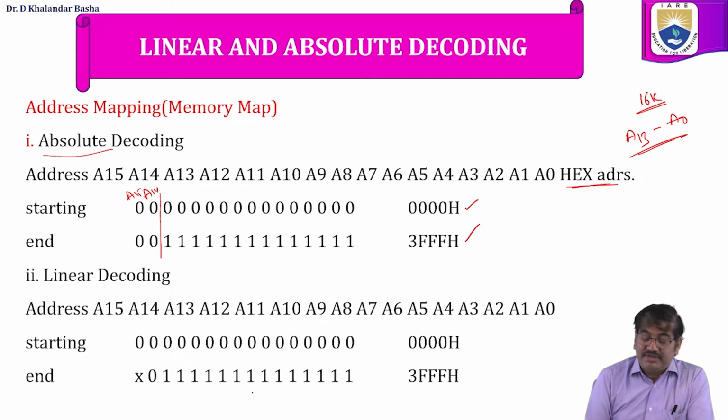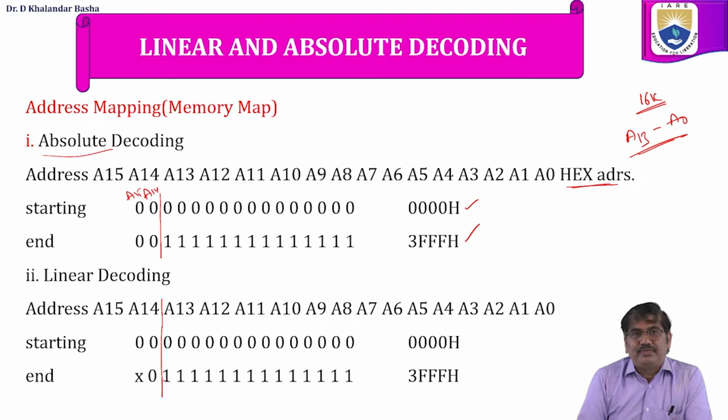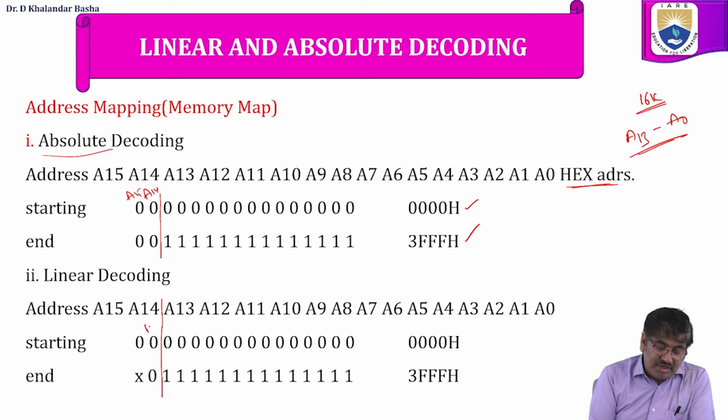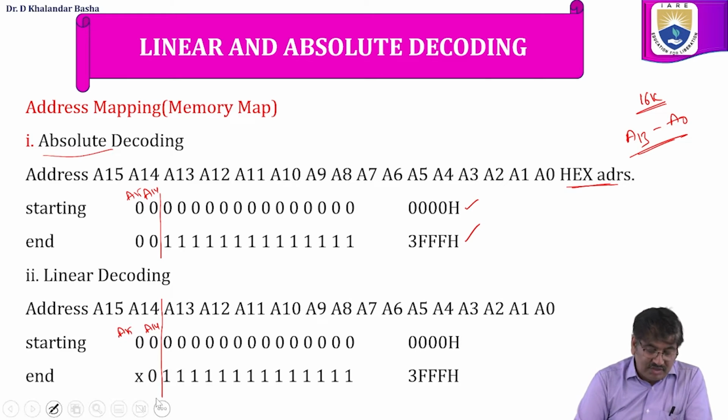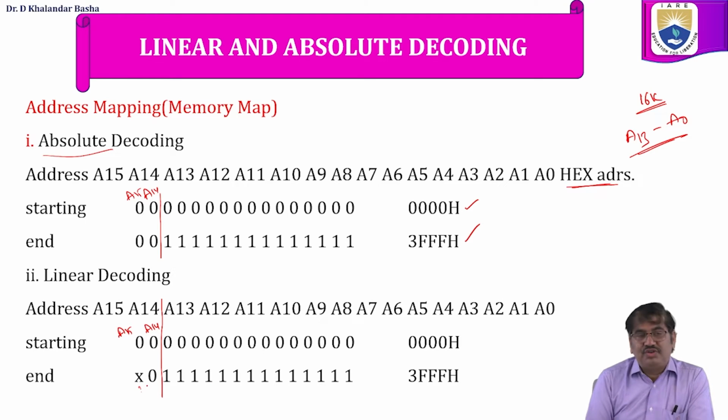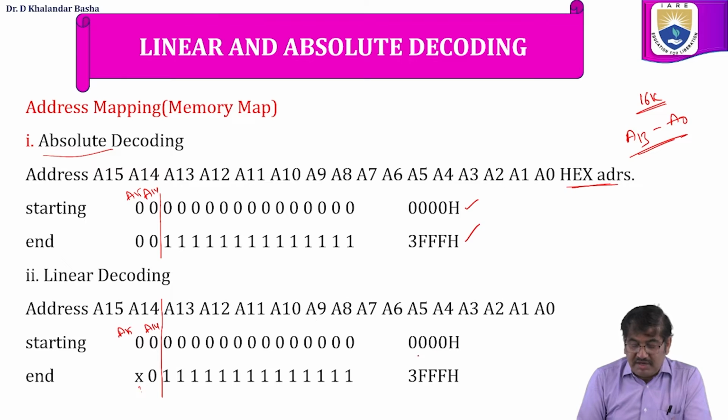Whereas in the linear decoding, for the same 16K memory, A0 to A13, that is 14 address lines, are required. A14 is used for chip select. A15 is a don't care, so we only use these lines. Here you can have either 0 or 1. So the addresses are from 0000H to 3FFFH.